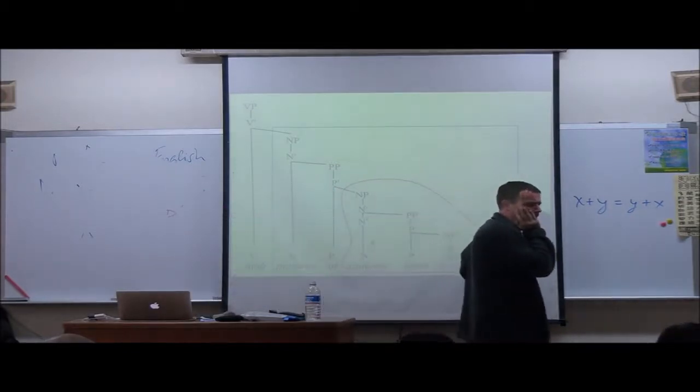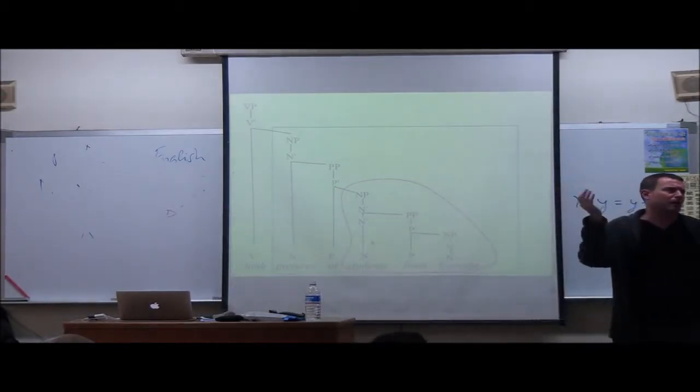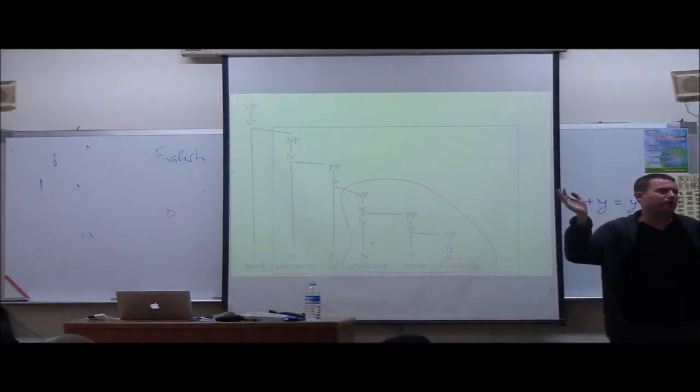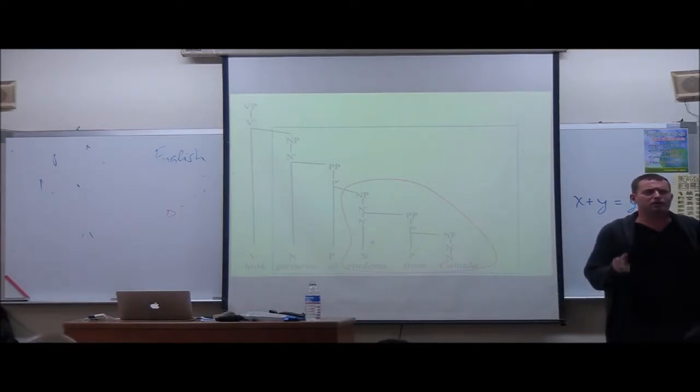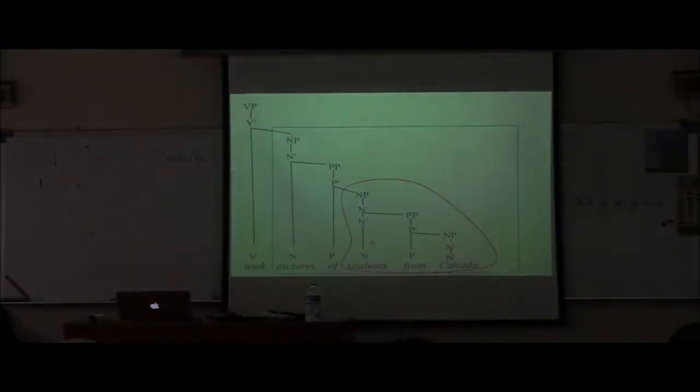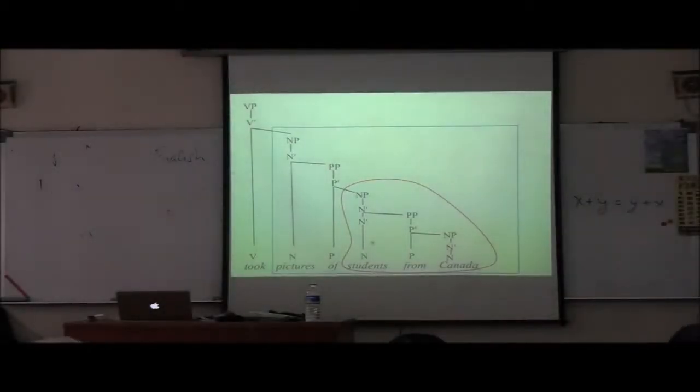And if you're drawing a tree where the daughter of, let's say, an NP or a VP is some other NP or a PP, you certainly got it wrong.